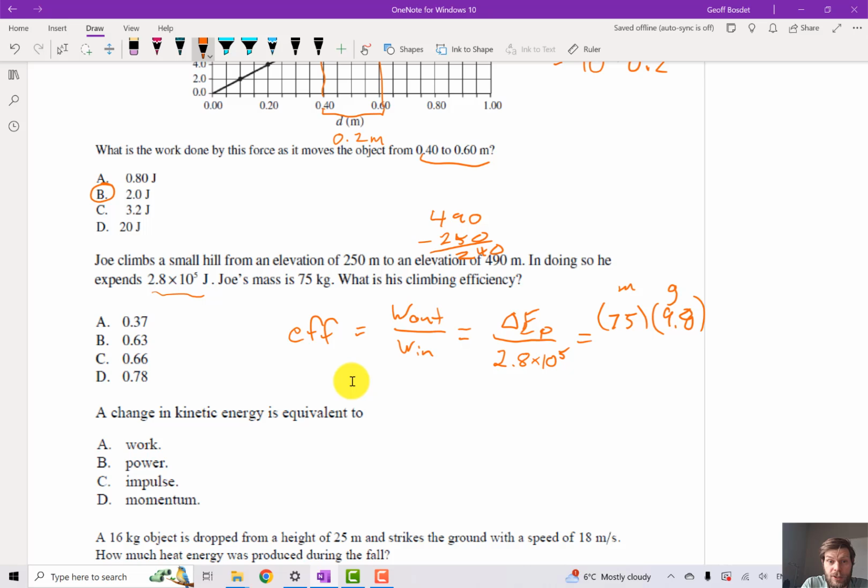And then the change in height, how much his height has changed to find the change in energy, is 240. And then we just divide by how much energy burned, how much food energy. So 2.8 times 10 to the 5.